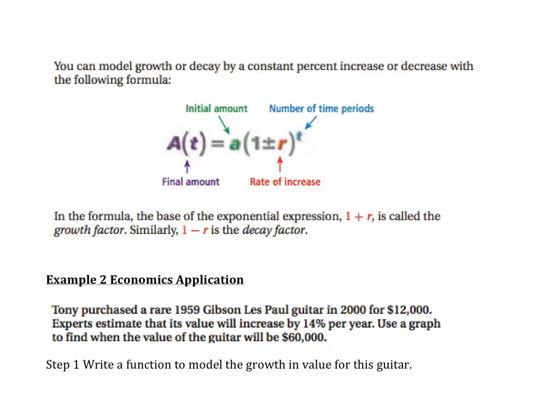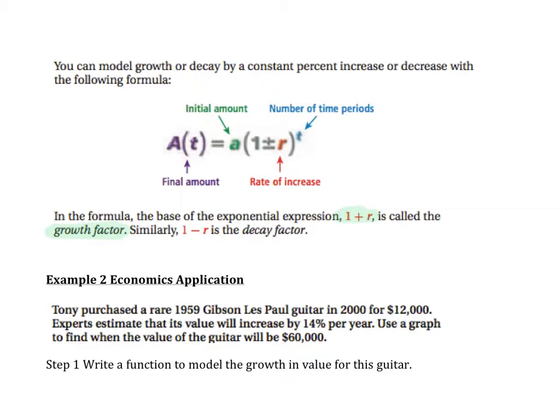A good application of exponential functions is a percent increase or decrease, or an appreciation or a depreciation. What determines a growth or decay is this growth or decay factor. When I add my rate, it's a growth factor.